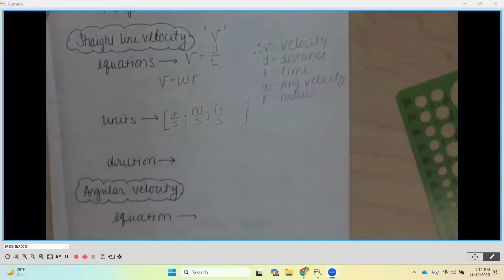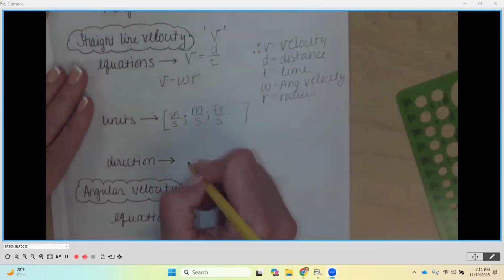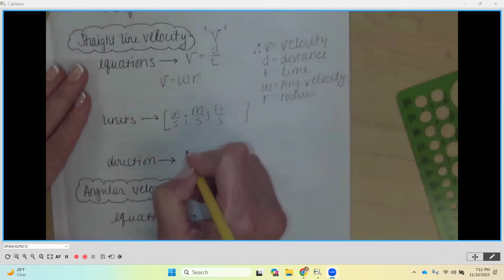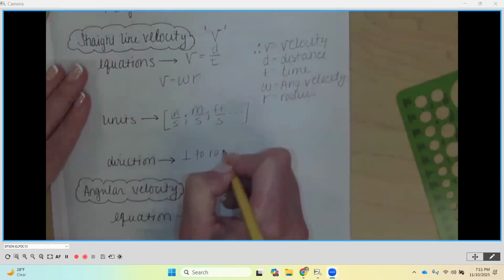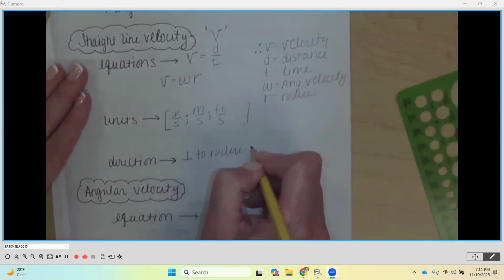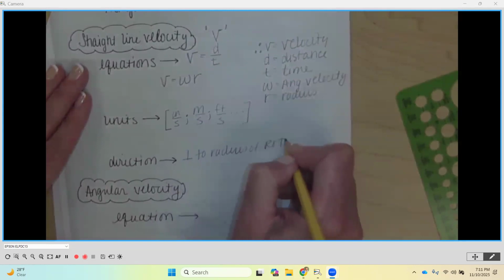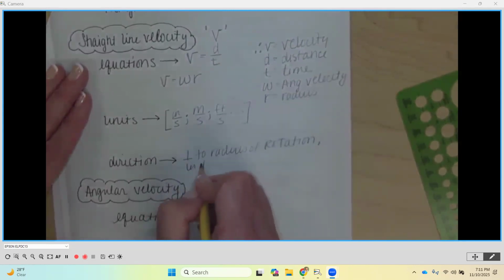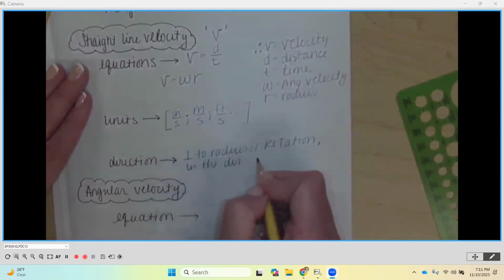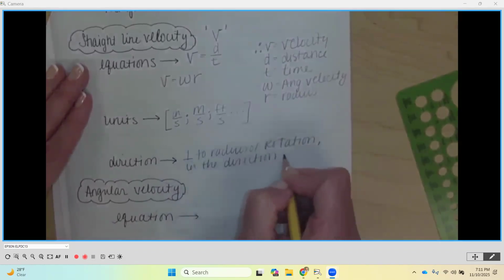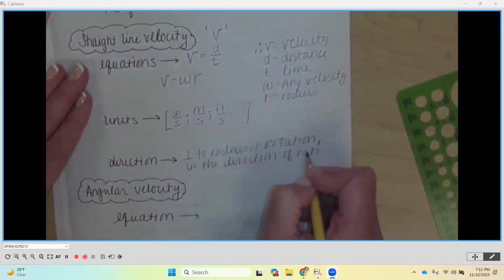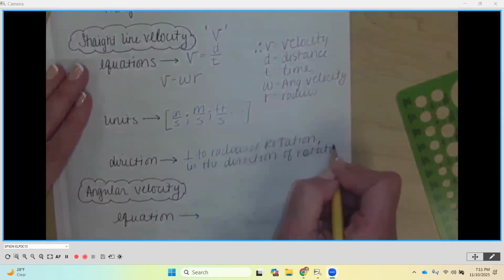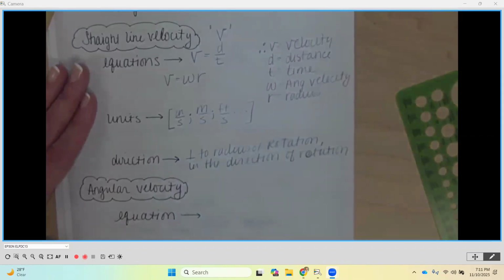Now, direction. It is always going to be perpendicular to the radius of rotation in the direction of rotation. Does that make sense?